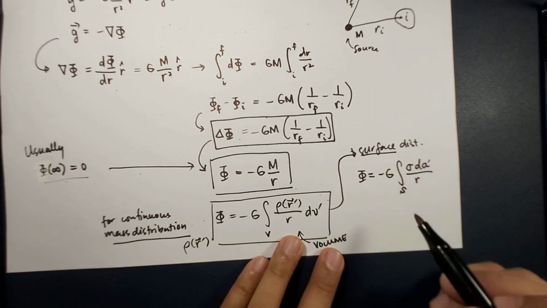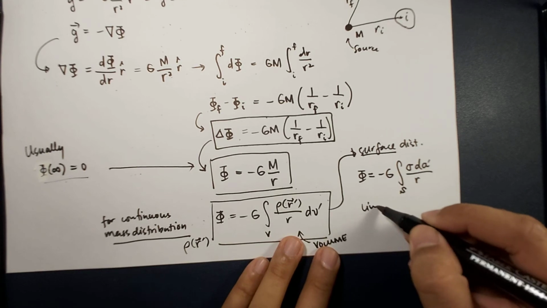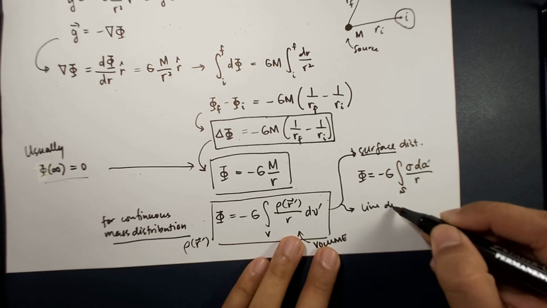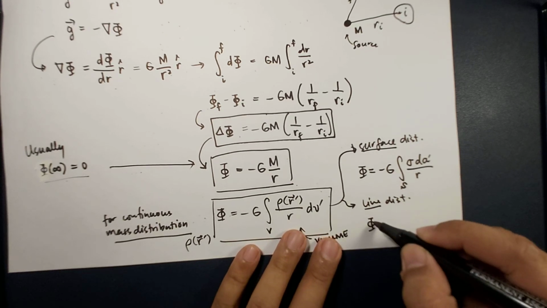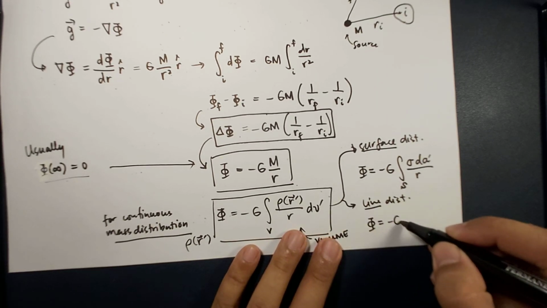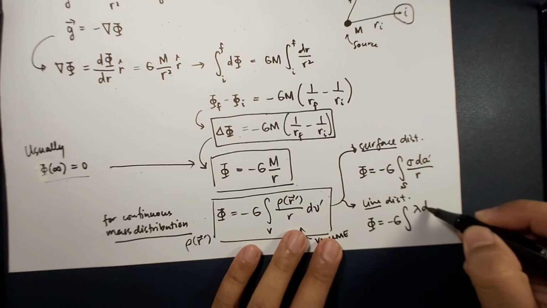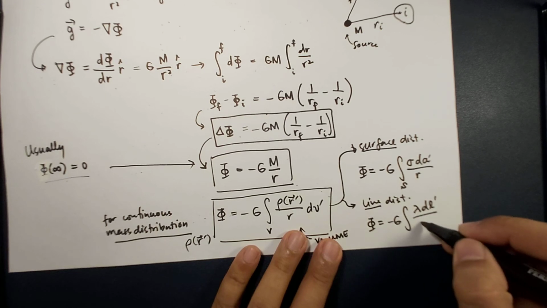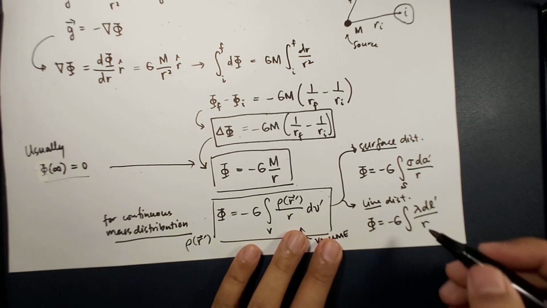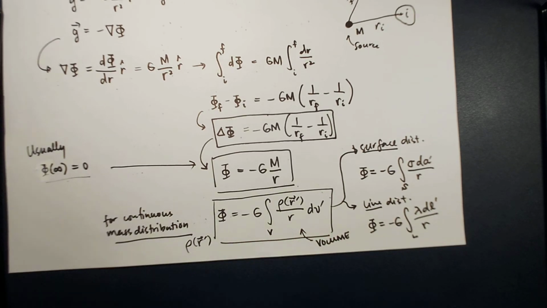This integral happens throughout the surface. Now for a line distribution, we do a similar thing, where phi is equal to negative G times the integral of lambda dl prime over r, and that line integral happens throughout the length.